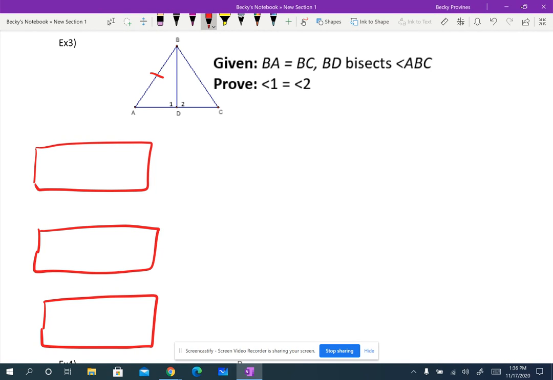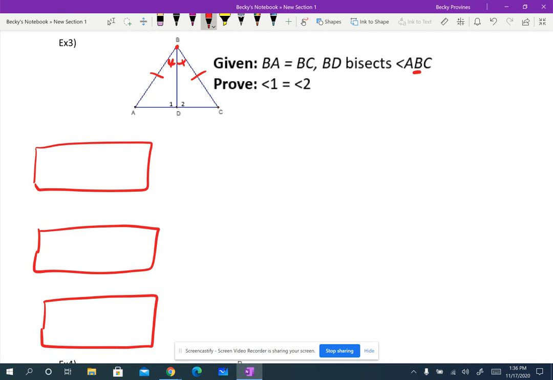BA is congruent to BC. BD bisects the angle. So bisect means it cuts it down through the middle. So let's find ABC. And it's going to cut it in half. So remember, B is my vertex. So I'm making the 2 little angles here. Now, that's all the givens.